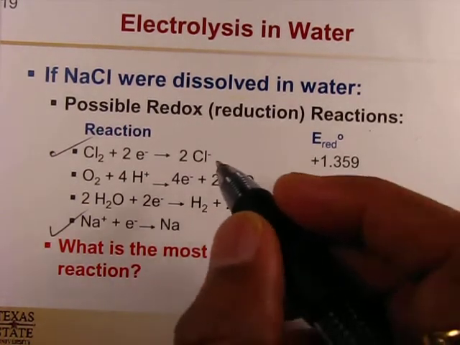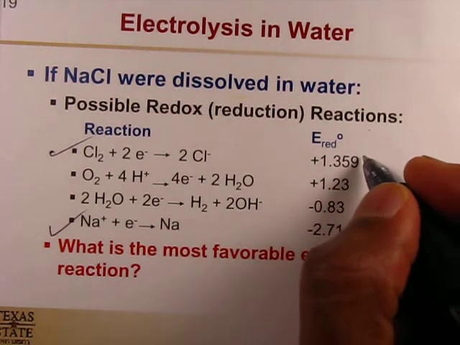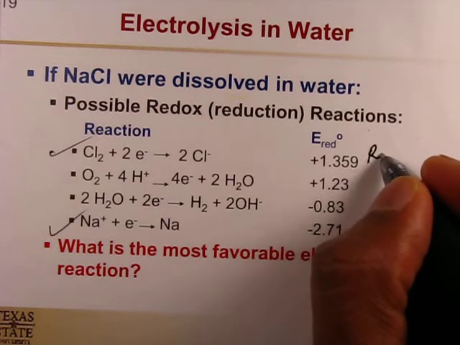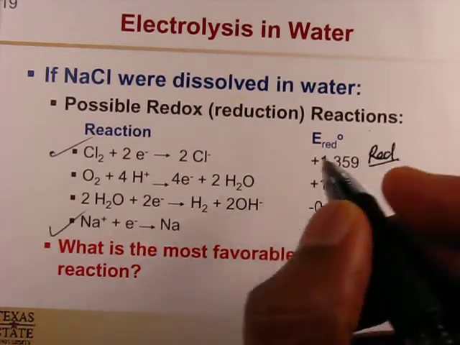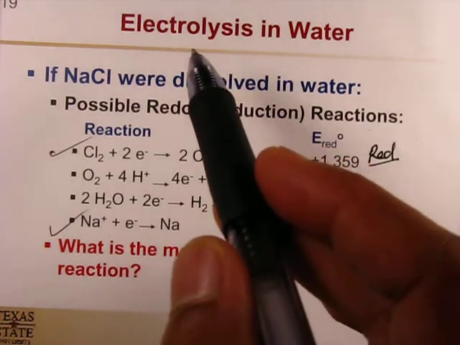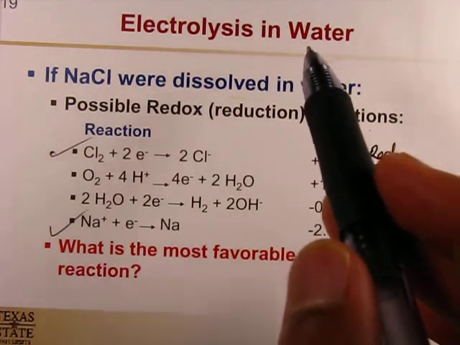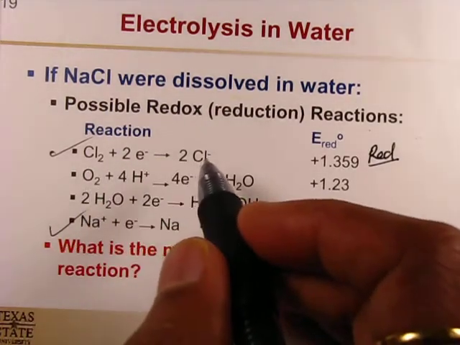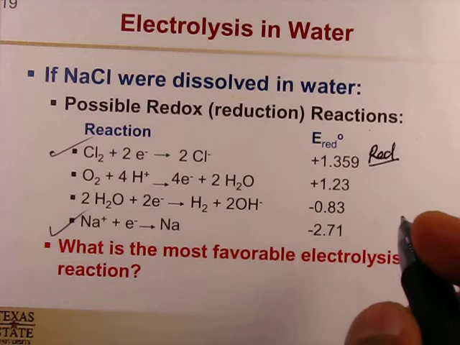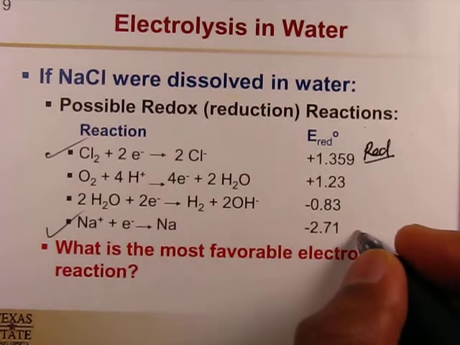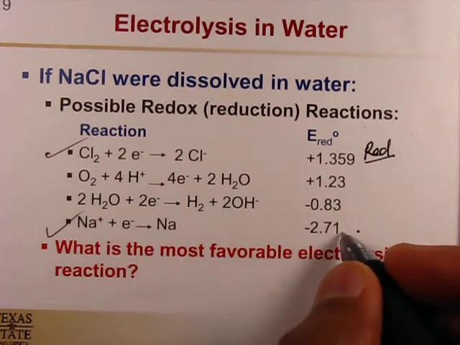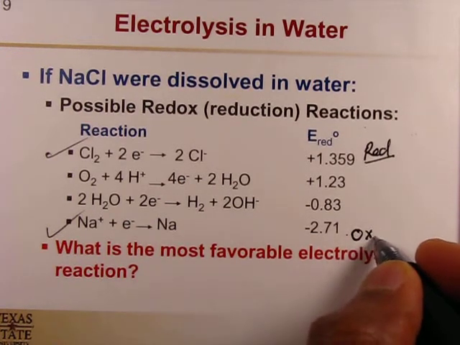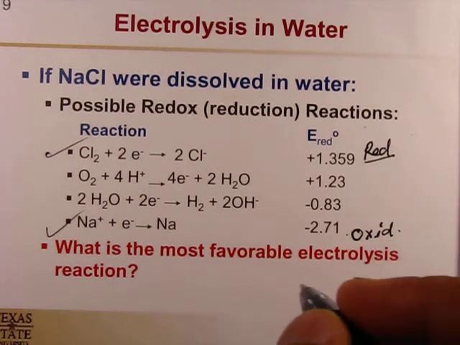As we know, the more positive or bigger value is where reduction will happen. So in the electrolysis of sodium chloride in water, chlorine gas will reduce to chloride ion, and sodium's reduction potential is the lowest, the smallest one. So that is why oxidation is preferred there.